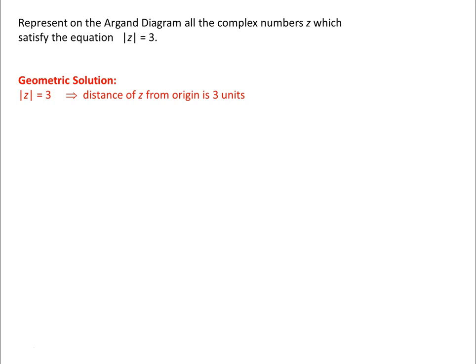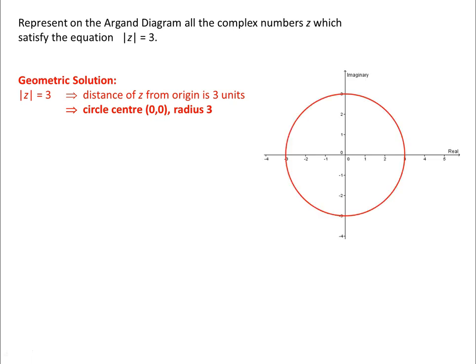So we want all of the points whose distance from the origin is 3 units. So that means that z must lie on a circle of centre the origin and radius 3 units. So there would be my sketch of all of the points that satisfy the modulus of z equals 3.